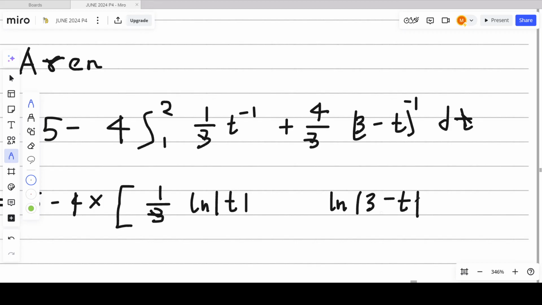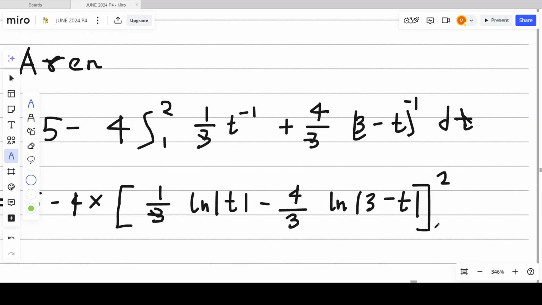Now it is reverse chain rule. So differentiate the part within the modulus, you will get -1. Then use this derivative to divide 4 over 3. So we'll get -4 over 3. This is the integral.